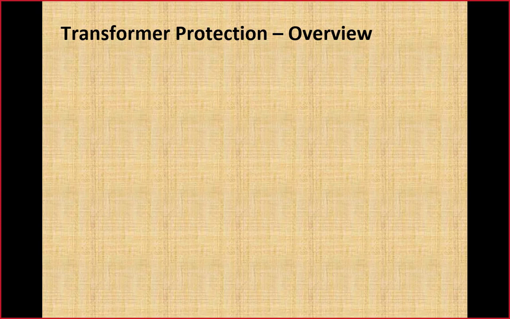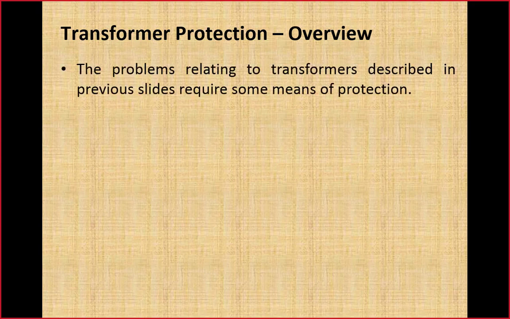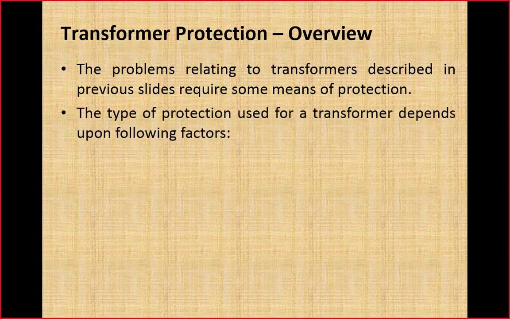Now here we will summarize the protection of the transformer. So the problems related to the transformer described in previous slides require some means of protection. And the type of protection used for a transformer depends upon the following factors. The transformer size. The bigger the transformer size, the more expensive it becomes and more sophisticated protection is required.